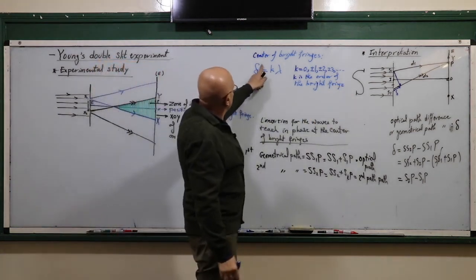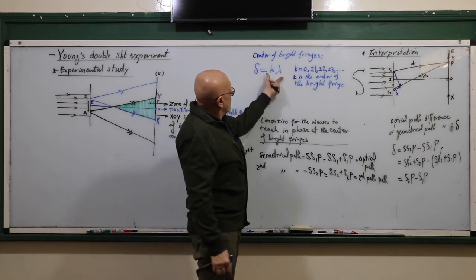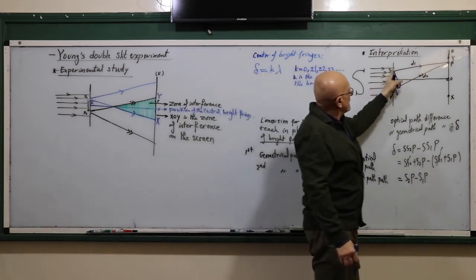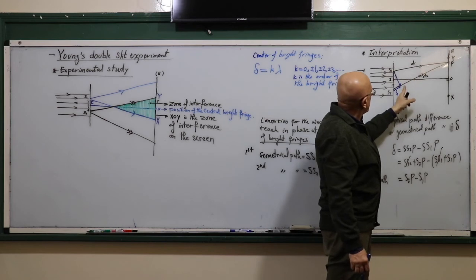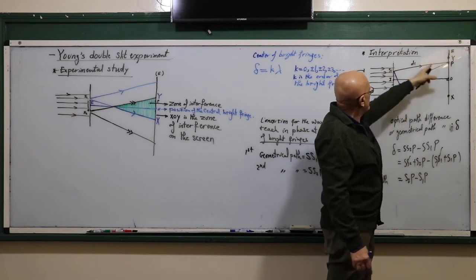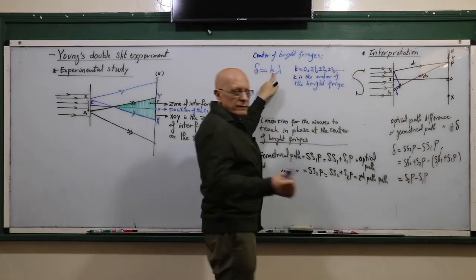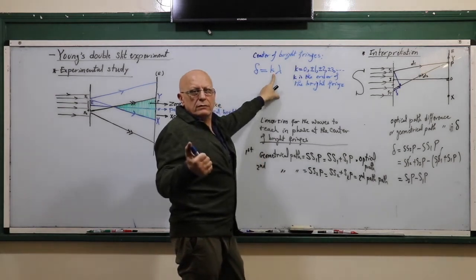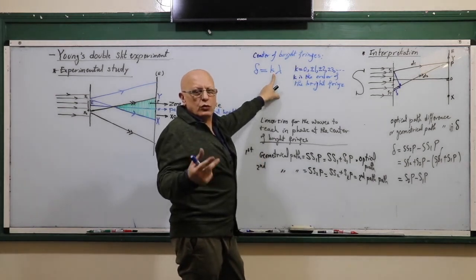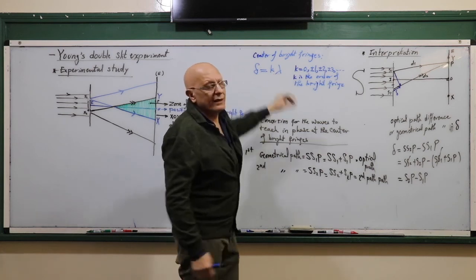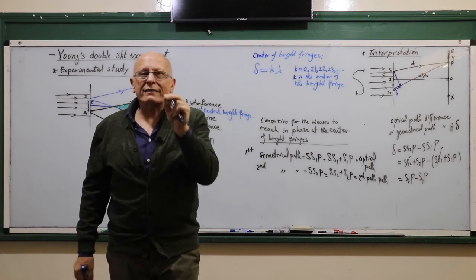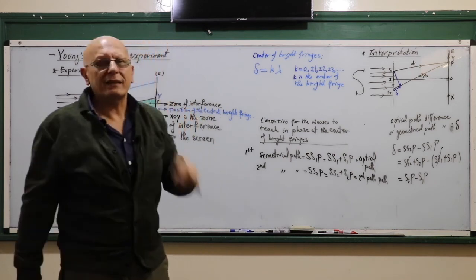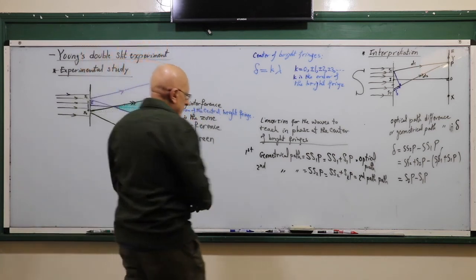Now, when S2P minus S1P is equal to 1 lambda, 2 lambda, or 0, or 3 lambda, or minus 3, then these rays meet at the center of the bright fringes, okay?